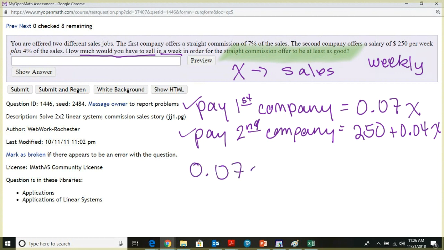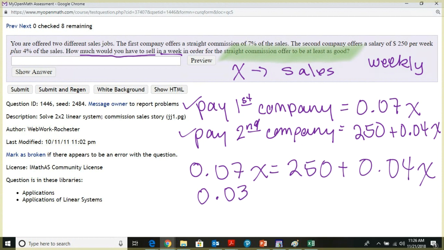So 0.07x equals 250 plus 0.04x. All right, so I'm just going to solve this. I'm going to subtract that 0.04 from both sides. And then let's divide both sides by 0.03.